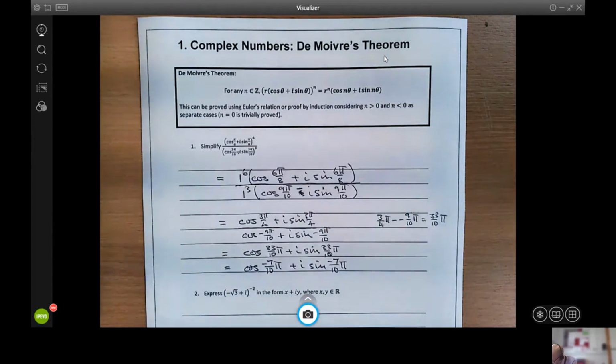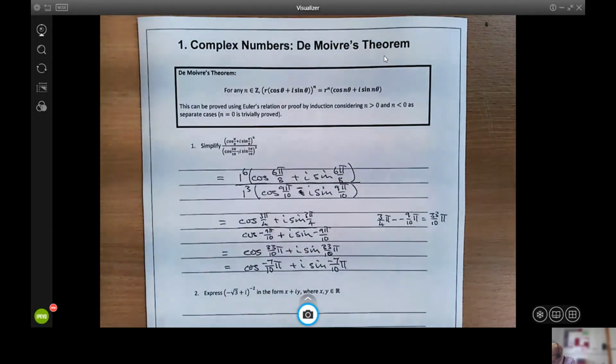Second question, express (−√3 + i)^(−2) in the form x + iy.